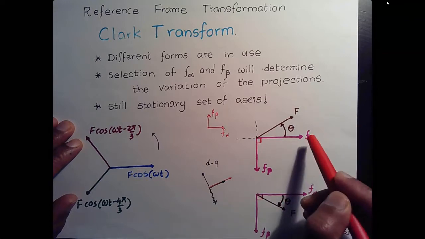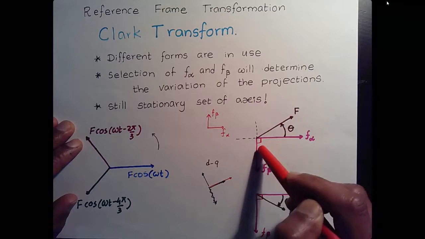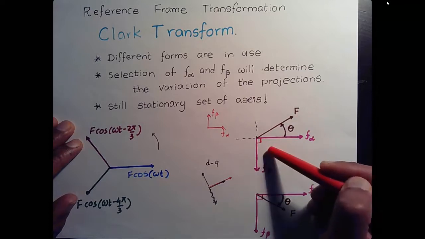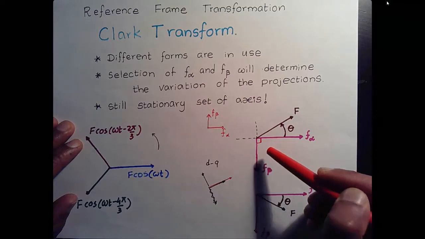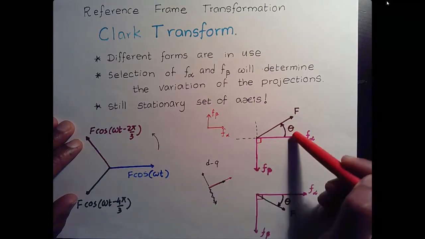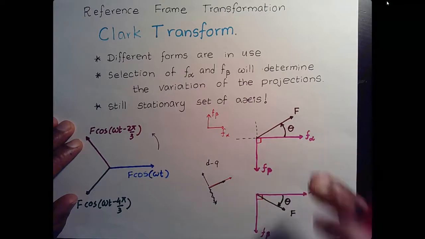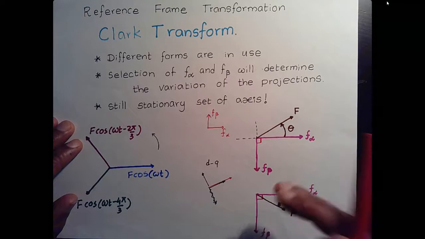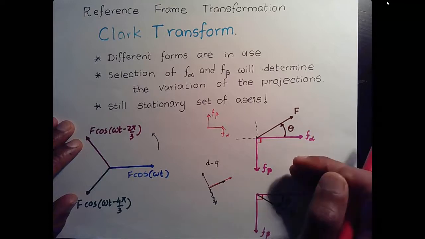The projections of the vector, the change you see in the projected components, change depending on how you define your f alpha and f beta. That's the first step, and this is not always the same. Practically speaking, you have to look at the underlying equations that you're using.